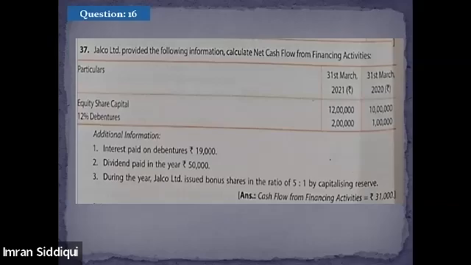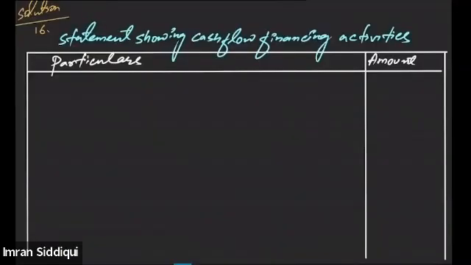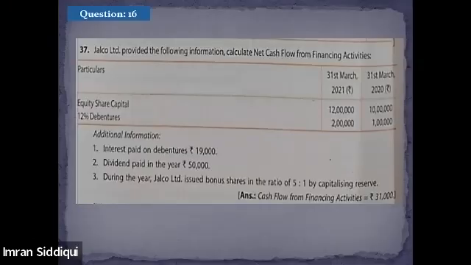But before writing that in the statement, we need to ensure how much cash has flown in because of the issuing of the equity share capital. Now you read the third additional information very carefully. It says during the year, Jalco Limited has issued bonus share. Bonus share is basically the free shares of the company, which is issued to the existing shareholders.